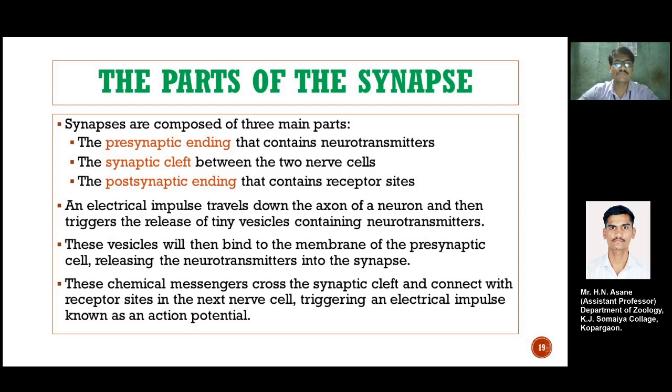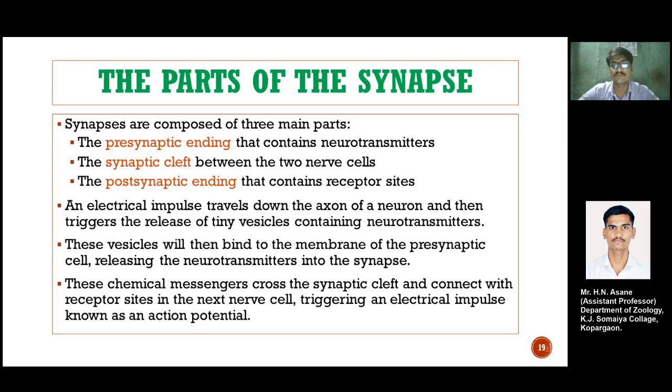These vesicles bind to the membrane of the presynaptic cell, releasing the neurotransmitters into the synapse. These chemical messengers cross the synaptic cleft and connect with the receptor sites on the next nerve cell, on the dendrites or the targeted cell.